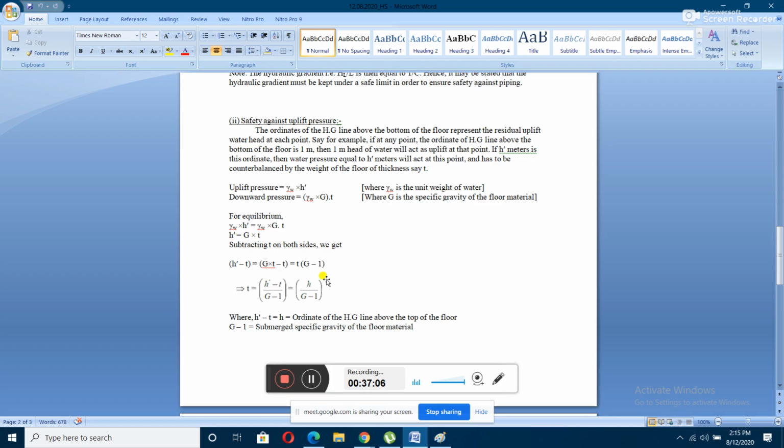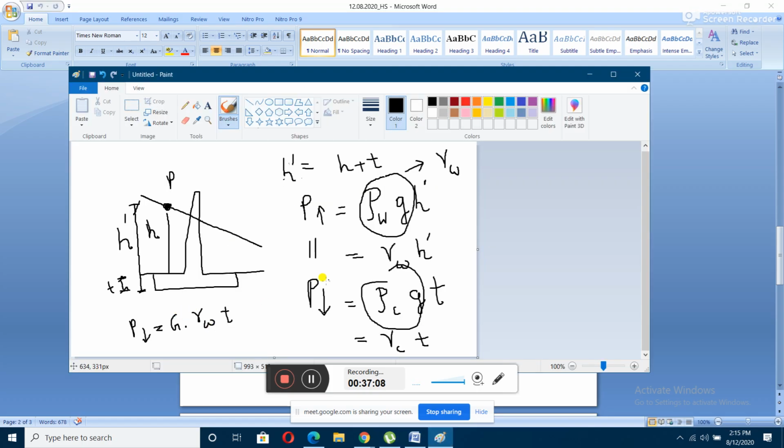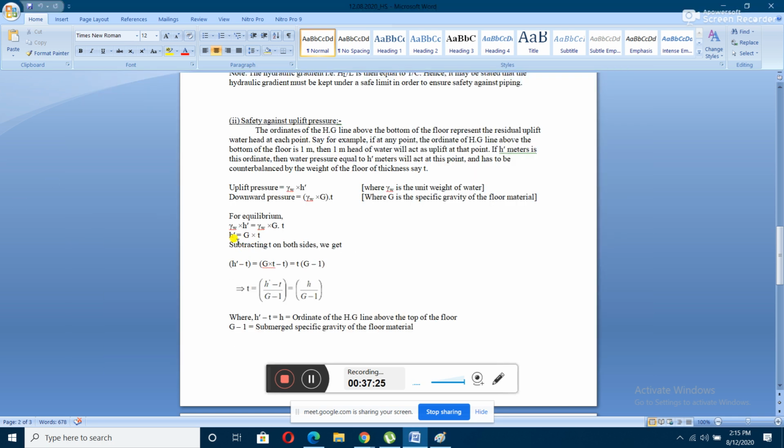We can find out that this will just cancel out, this rho w and rho w will cancel out, right? These two will cancel out. So what we are left with is h dash equal to G times t. Okay. So you can see here h dash equal to G times t.